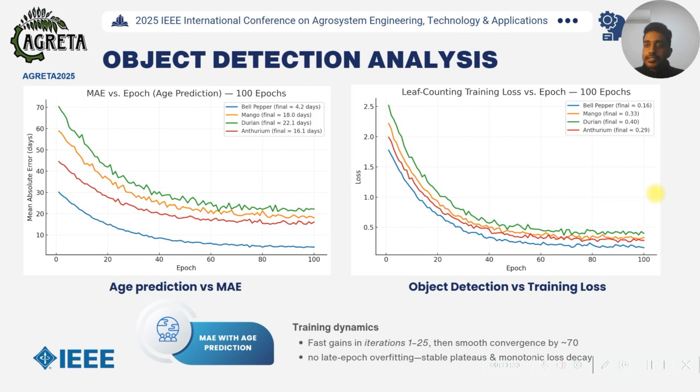And these are the object detection results after doing 100 epochs for each plant. It provides good results. It converges without any overfitting, so our work has been successful in this result.